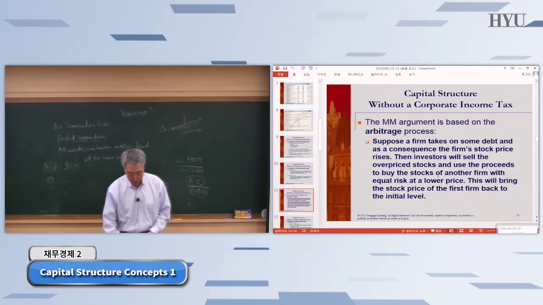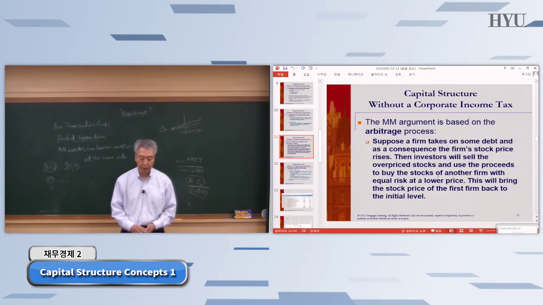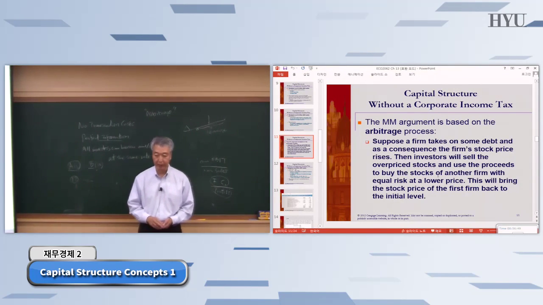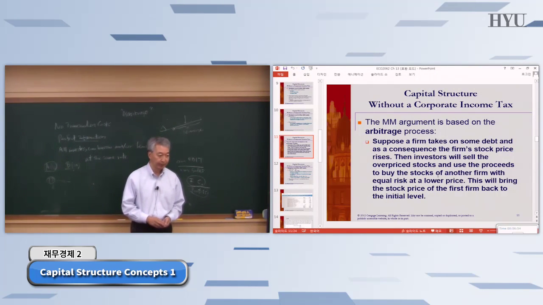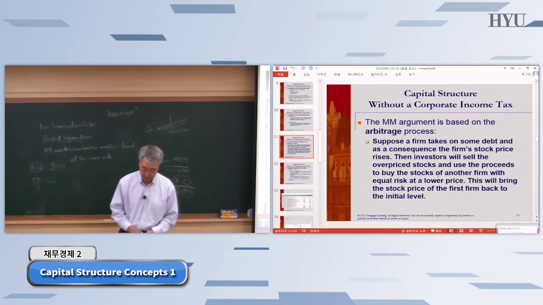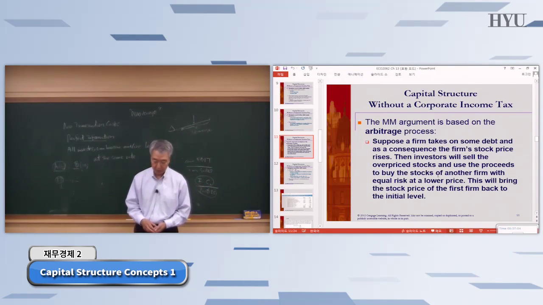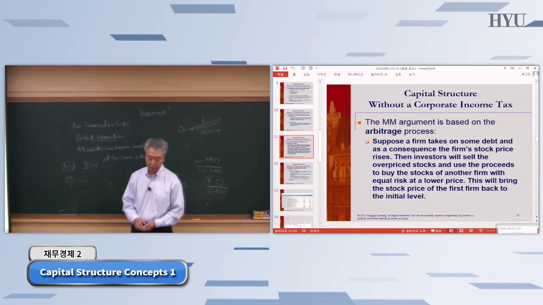All right, so here's one example. Let's see, I think we'll have enough time. There are 2 cases that we're going to talk about. The first case is without the corporate income tax. Let's assume there is no corporate income tax. And suppose the firm takes on some debt, and as a consequence, the firm's stock price rises, just like here. Then investors will sell the overpriced stocks.